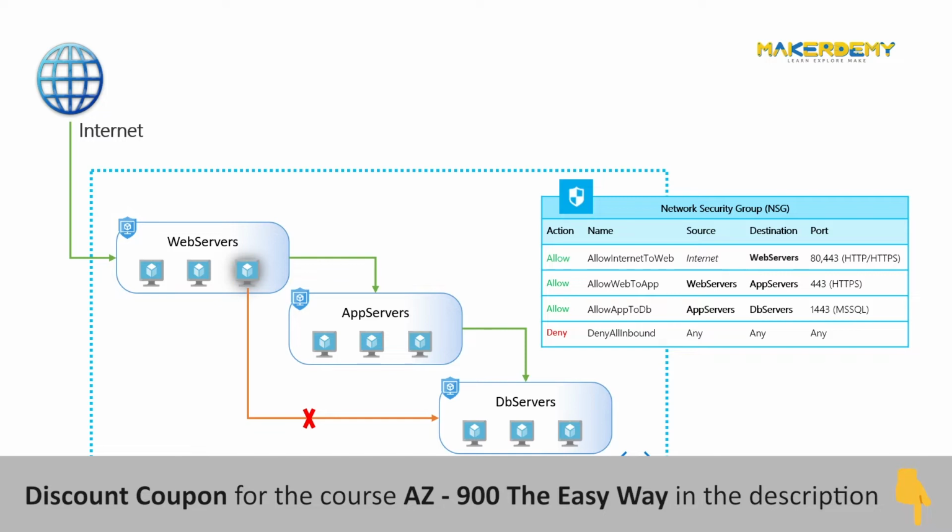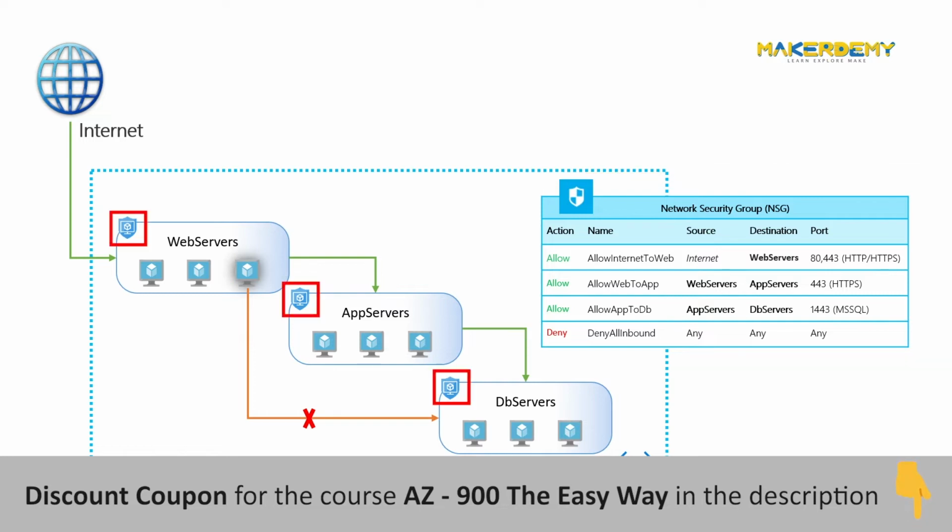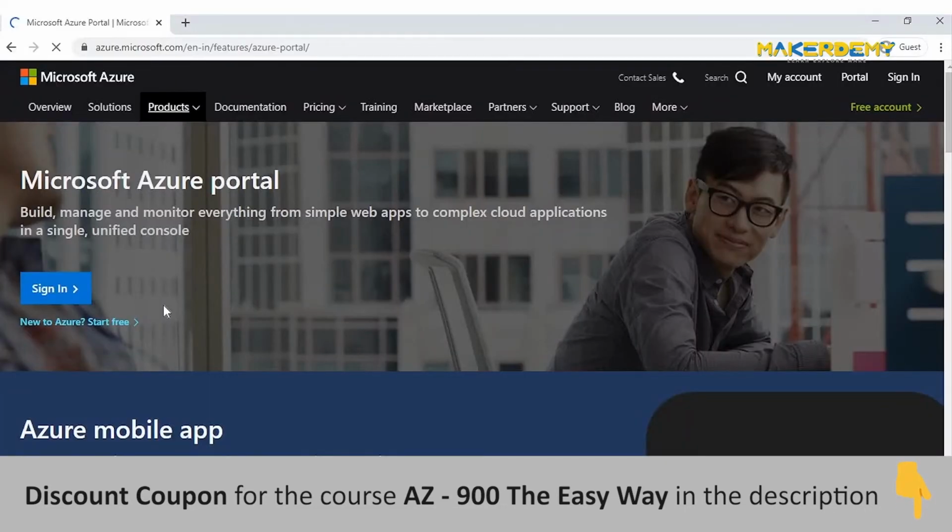It is not a good idea to create rules for each of the VMs which are in a single server. It would be easy to define the application security group for each of the servers because they have VMs grouped based on their application. Let us now walk through the creation of a network security group.